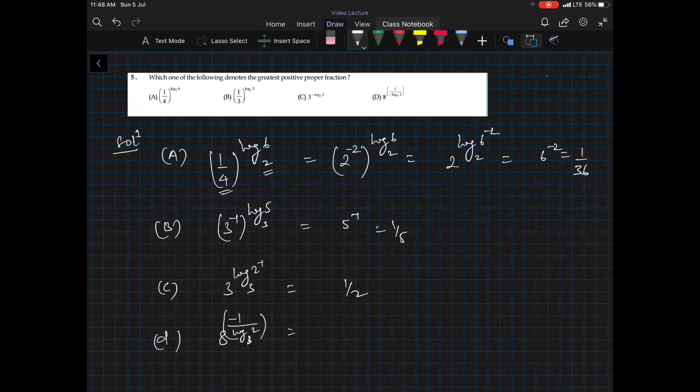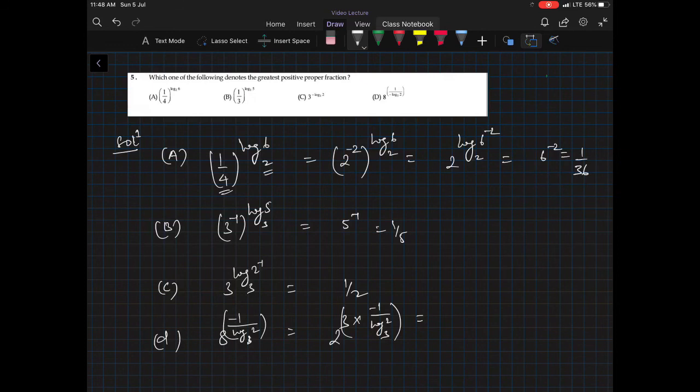So what is it, it is 2 to the power 3 into minus 1 log 3 base 2, right, so we will apply the base change formula over here.